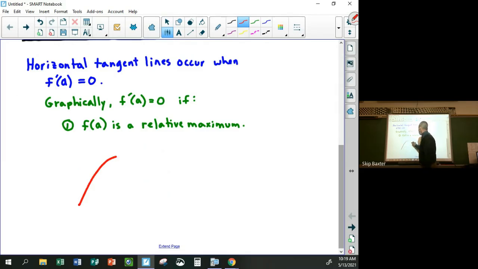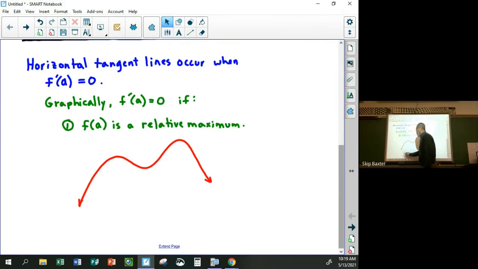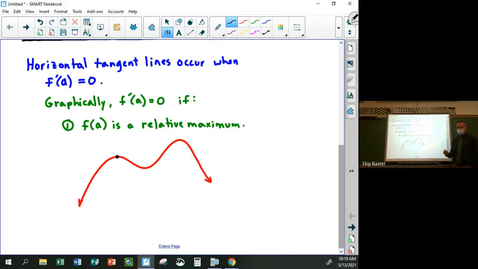Maybe it's something like this, and this is a relative maximum. Even though it's not the highest point in the entire function, it's the highest point in its little neighborhood of points, and the tangent line would definitely be horizontal at that point. This is also a relative maximum, and it also happens to be the absolute maximum of the entire function, but nonetheless, it's a relative maximum.